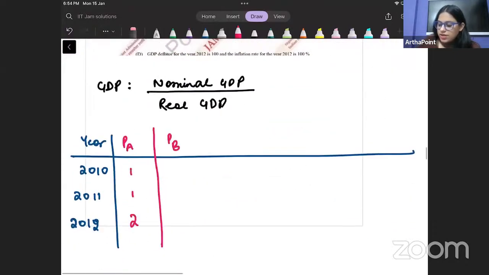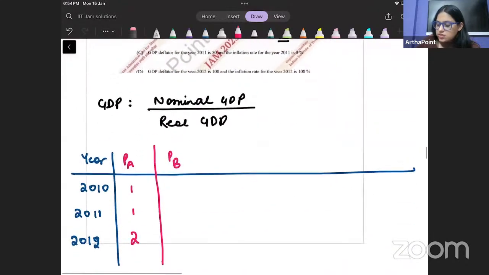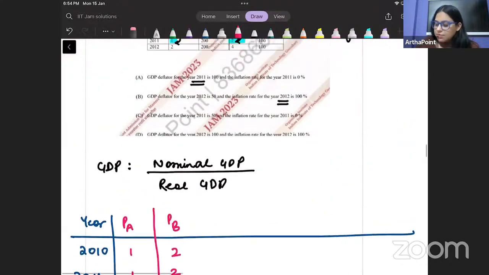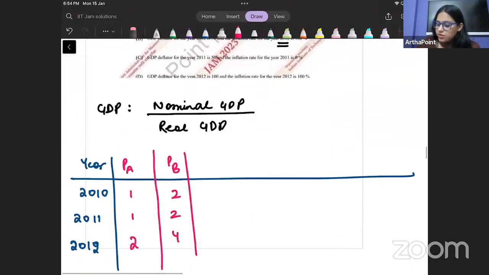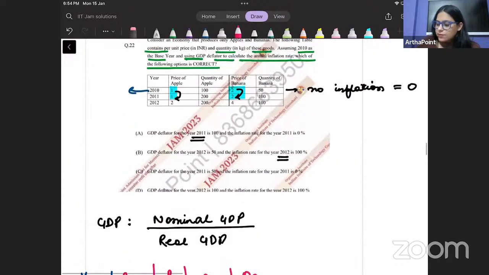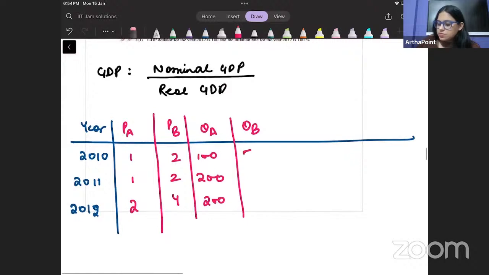And I'm given that the price of banana, that is 2, 2, and 4. And I'm given quantity of apple as 100, 200, 200. And I'm given quantity of banana as 50, 100, and 100.